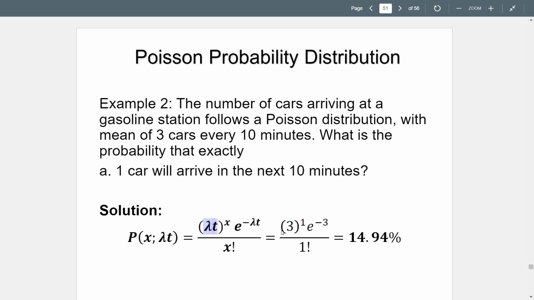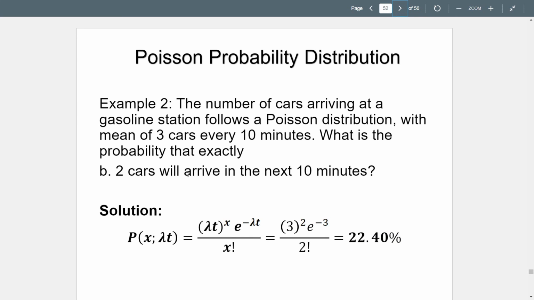Lambda is 3, x will be 1, and e raised to negative lambda t. Then that gives us 1 factorial, so you'll have a 14.94 percent probability that exactly 1 car will arrive in the next 10 minutes.